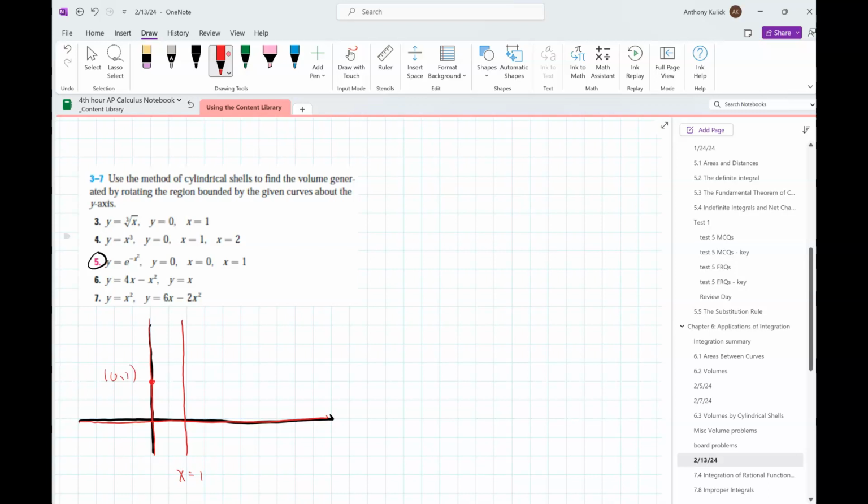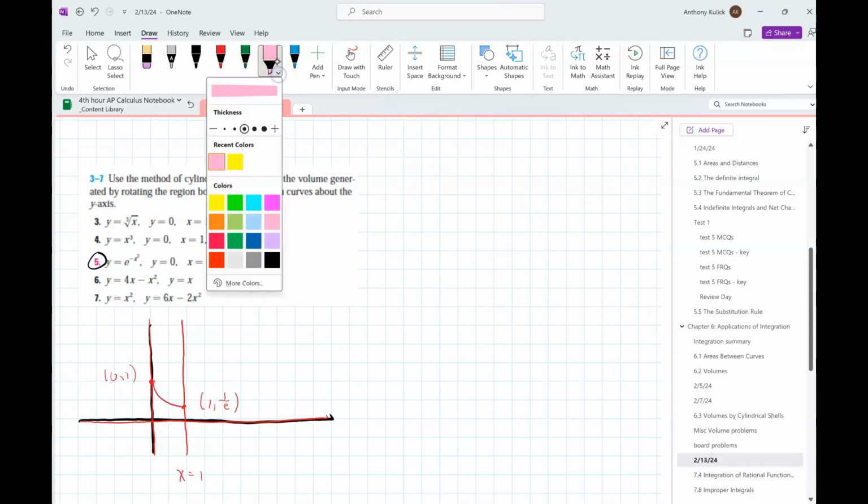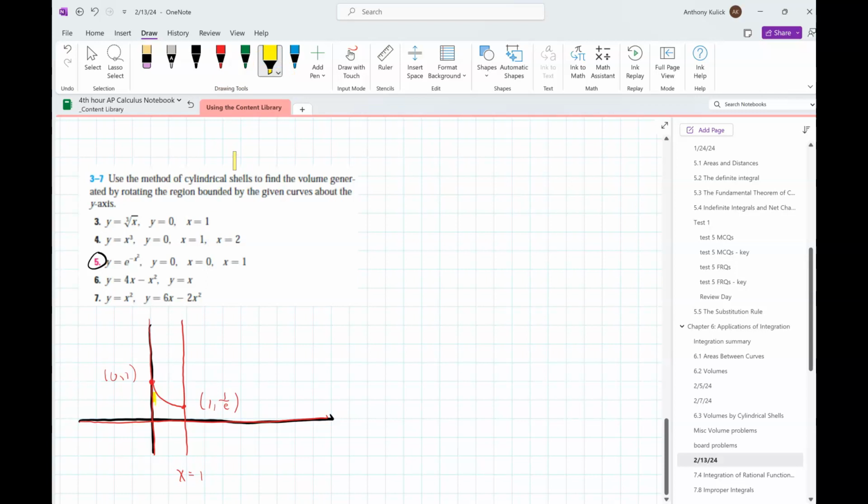And if I plug 1 in, I get e to the negative 1, which is like 1/3, so that's something like that. And it's probably bendy like this. Doesn't really matter. And then we're rotating about the y-axis.